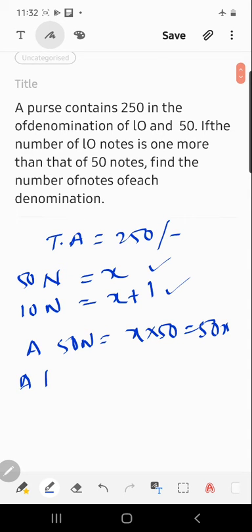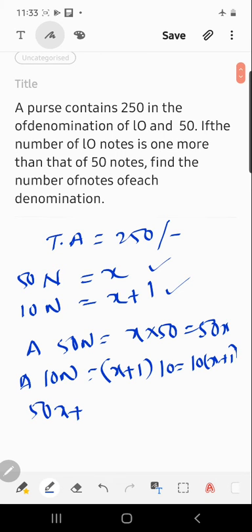Now the amount of 10 rupees notes is x plus 1 into 10 rupees, that is 10 into x plus 1. This is the amount of 10 rupees notes. If we add the amount of 50 rupees notes plus the amount of 10 rupees notes, we'll get 250 rupees. So I'll write 50x plus 10 into x plus 1 is equal to 250.